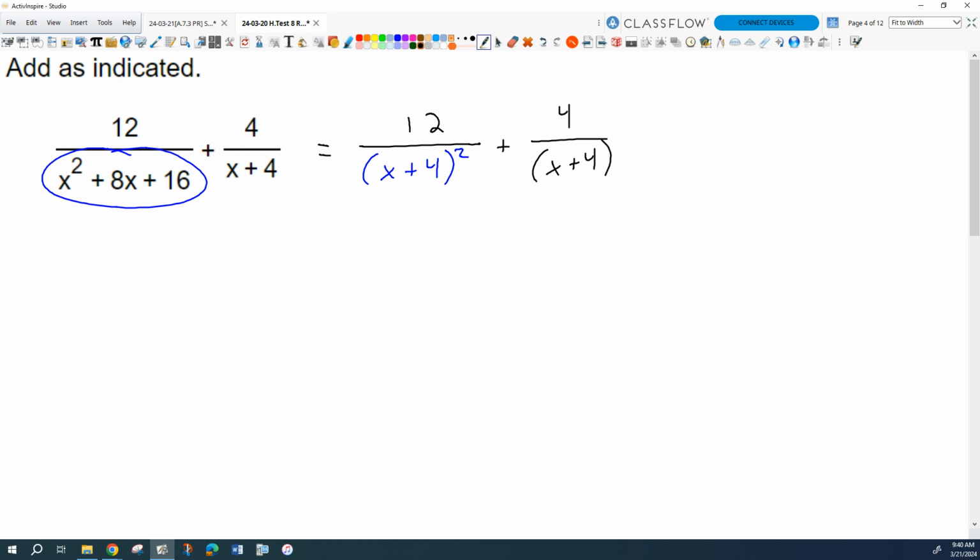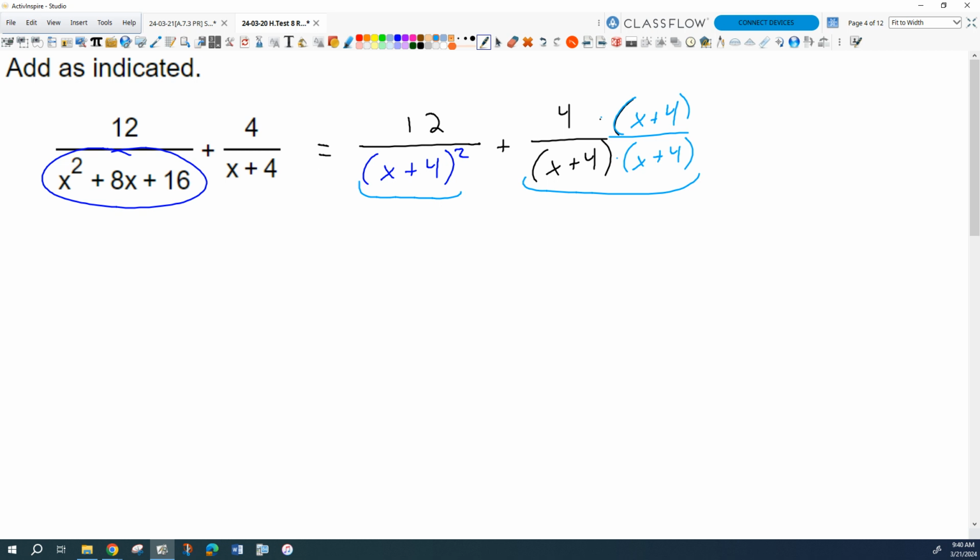No, it's good. How about the second fraction? Multiply it by x plus 4. Good, because I need an x plus 4 squared and I've only got an x plus 4. So I'm going to multiply this guy by x plus 4 over x plus 4. And now I do have a common denominator, don't I?